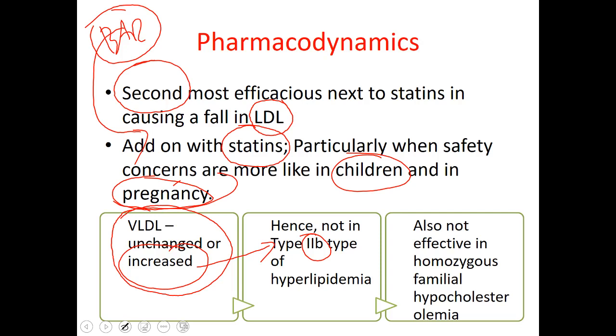So, that is why we do not prefer bile acid sequestrants in patients with type 2 hyperlipidemia, where you have both LDL and VLDL raised. Also, bile acid sequestrants are not that effective in patients who do not have LDL receptors at all, so familial homozygous hypercholesterolemia. So, these are some of the disadvantages of bile acid sequestrants.